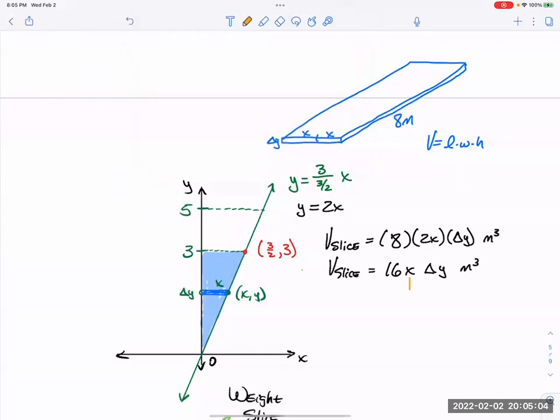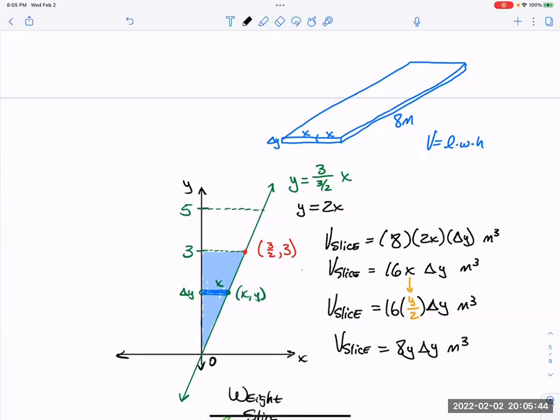So we replace x with y over 2. We have 16 times y over 2 delta y cubic meters for the volume of our one arbitrary slice. Finally, we simplify this down, so the volume of one arbitrary slice is equal to 8y delta y cubic meters.